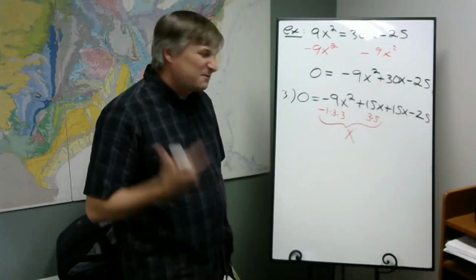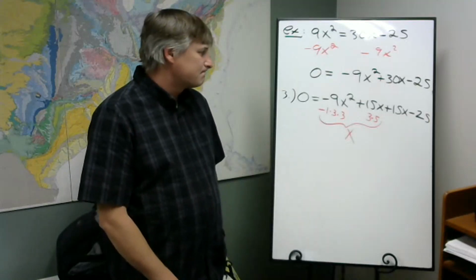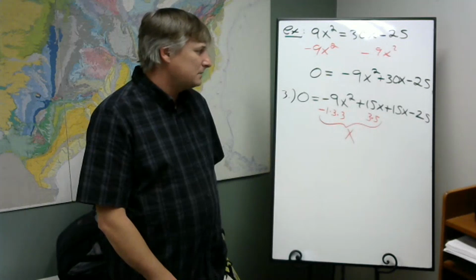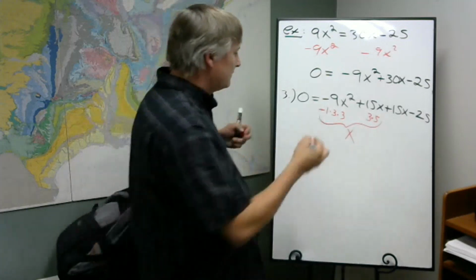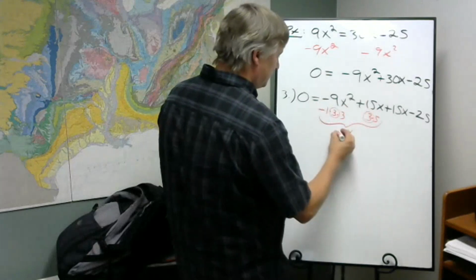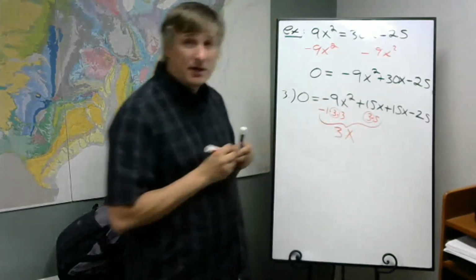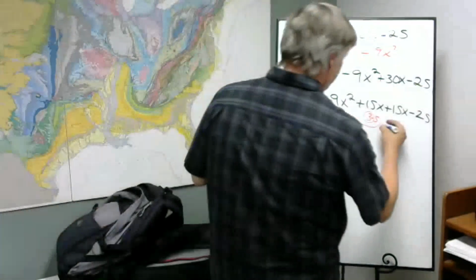Now, there's a very slick trick here you can do. And what you can do, we'll hold off on that. We won't get too slick. We'll just go with it like this. So we've got a 3, 3. We can extract a 3x. Now, we are going to need to be slick on this other side.